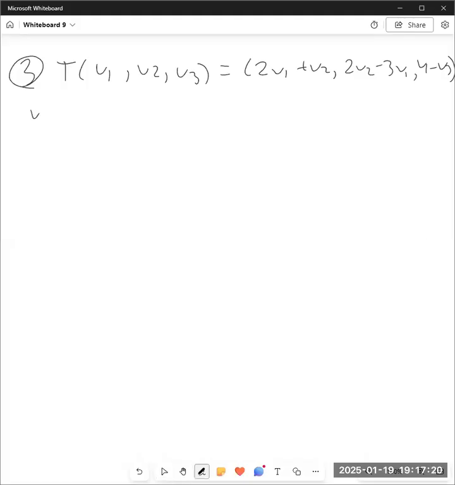And V is equal to -4, 5, 1. And W, which is what I want to find the preimage of, is 4, 1, -1.